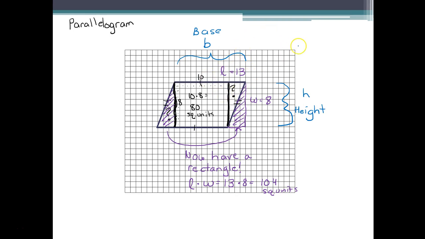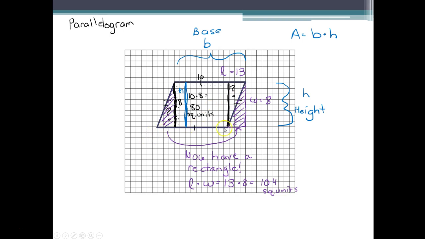So when they go to find the area of a parallelogram, they say base times height. And that height is that straight up and down distance between the top and bottom of your parallelogram. That's your height. So it's still the same as length times width, but they call it base times height because it's slanted, and so it's not exactly like a rectangle having length and width.